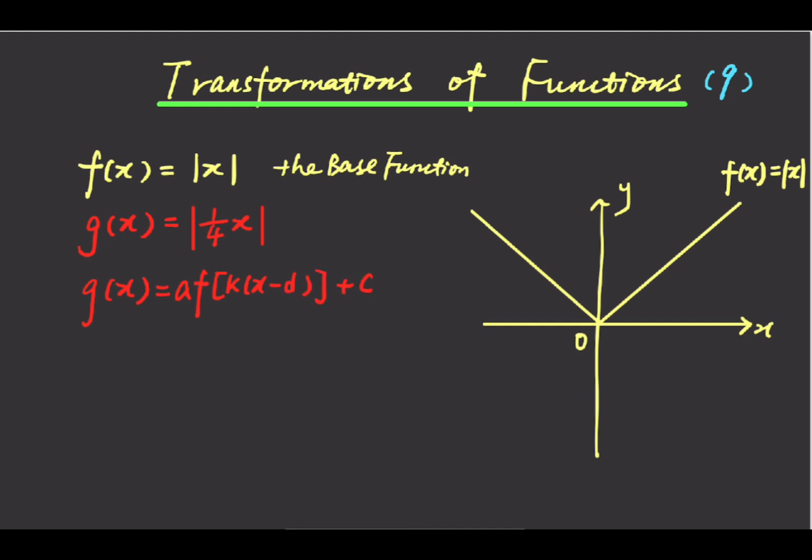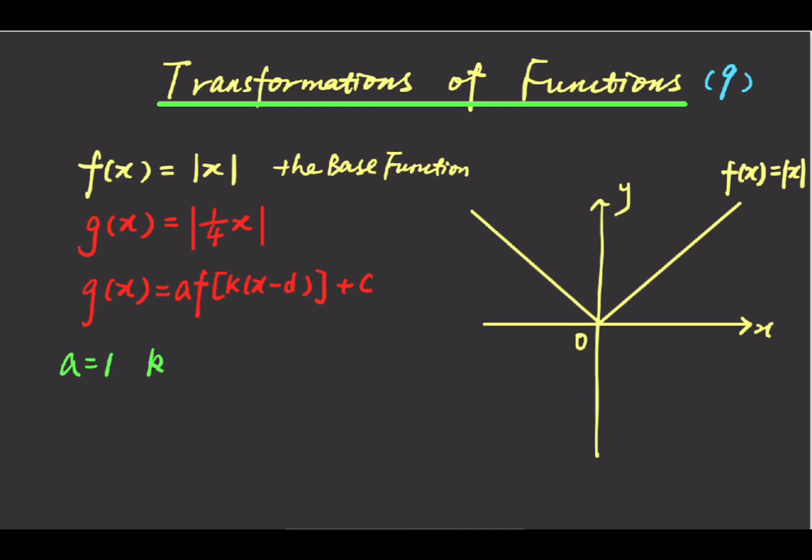Here, f(x) in the transformed function is just like this part. A is the coefficient of this part. For this part, the coefficient a equals positive 1. So a equals 1.